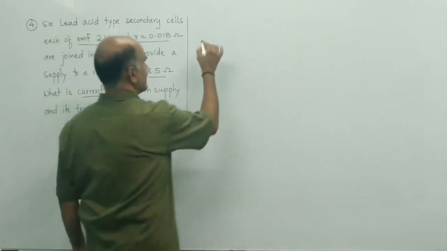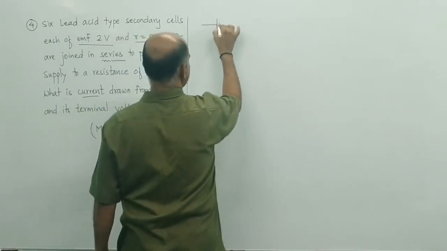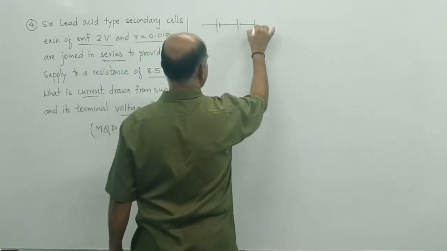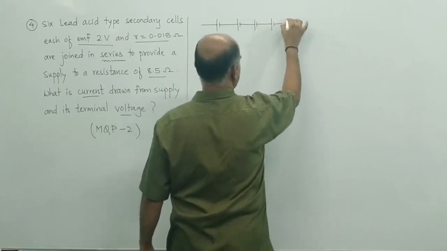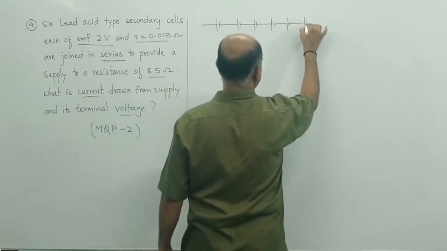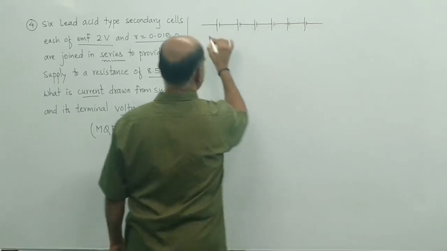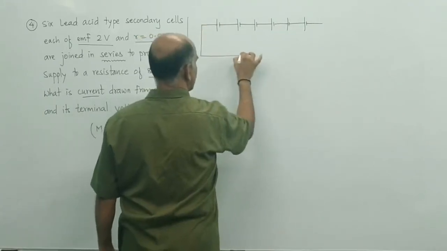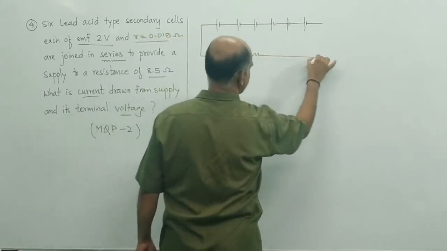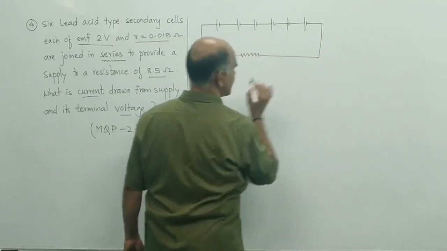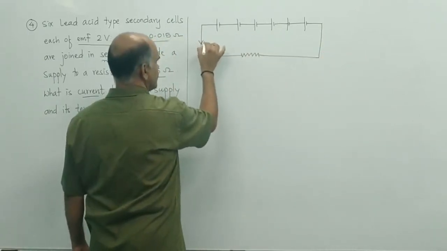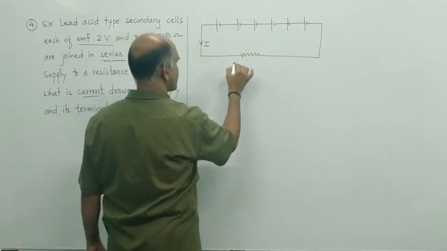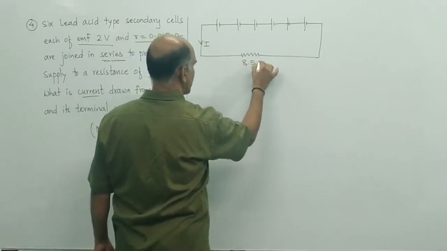So again, if I take a diagram, there are 6 cells joined in series, 1, 2, 3, 4, 5, 6, across an external resistance. So all these are identical. External resistance is 8.5 ohms.